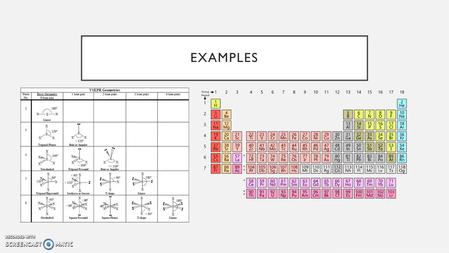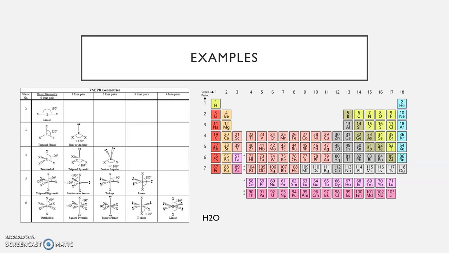Alright, so now solving some examples with this, putting it all together. First, we're going to look at H2O or water. Once again, to start these problems, you're going to want to understand the Lewis dot structures, or at least understand how many different groups we have bonded to our central atom and how many lone pairs our central atom has.